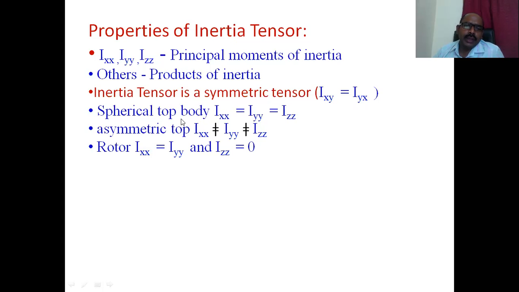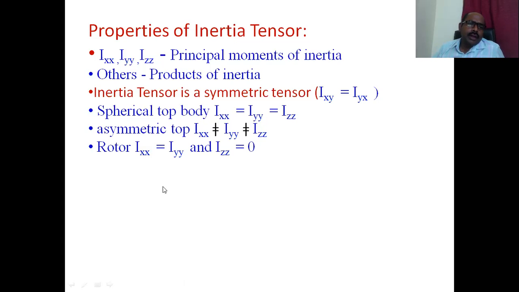In case of spherical top, the three principal moments of inertia are equal. In case of a rotor, any two moments of inertia are equal and the third moment of inertia is zero. So that is called a rotor.